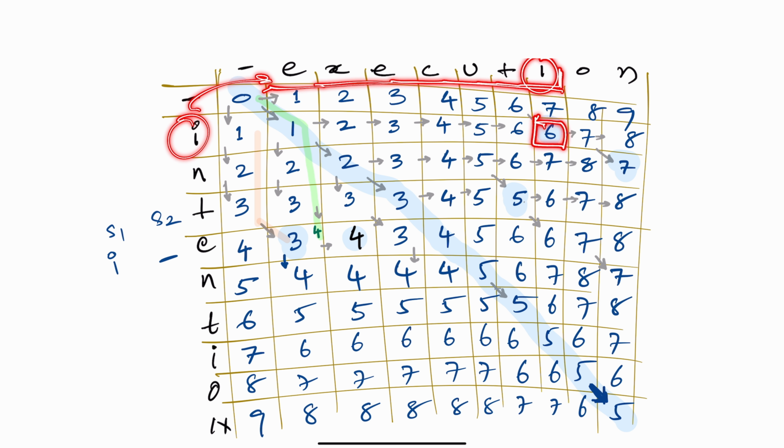Since this character I is matching with I, do you see the arrow mark here? Since this character is matching with I, I'm not going to increment. Instead of incrementing, as it is, I'm taking this value. Till this operation we required 6, right? So to replace I with I, we don't need any operation. We don't need to increment the values.